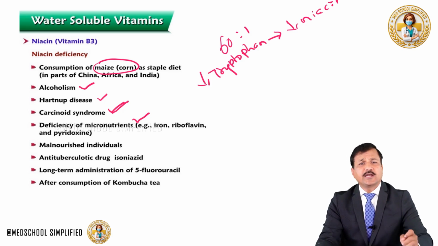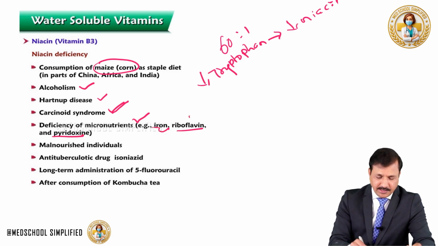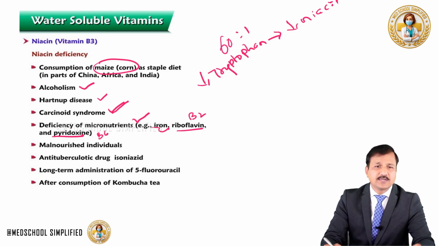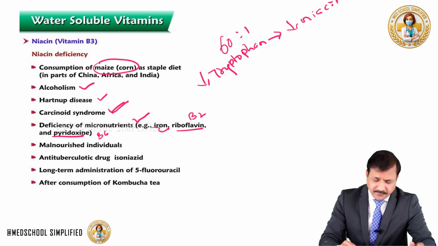Because micronutrients like iron, riboflavin and pyridoxine, that is iron, vitamin B2 and pyridoxine, which is vitamin B6, are all necessary for the conversion of tryptophan into niacin.